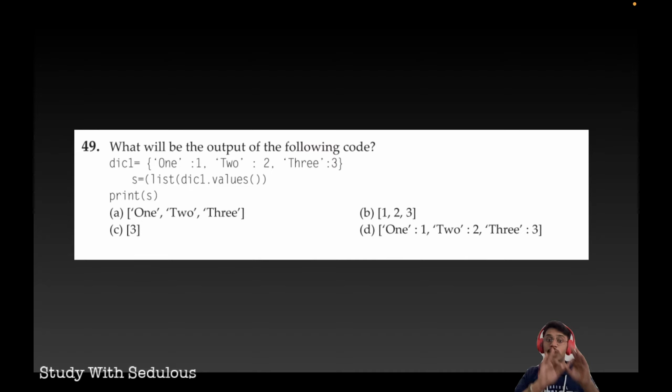Key value pair. So we are creating a variable with its elements being a list of all the values. List of 1, 2, 3. It will be a list. 1, 2, 3. So it should be option B. Is it? It is.